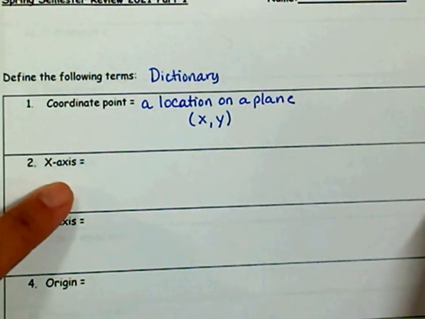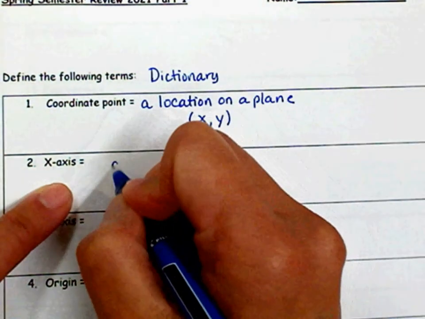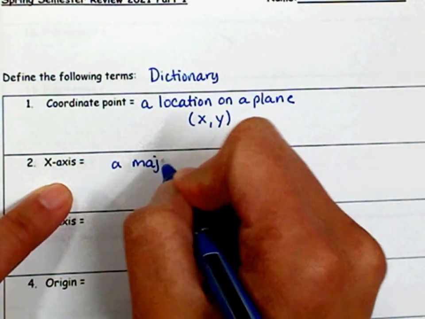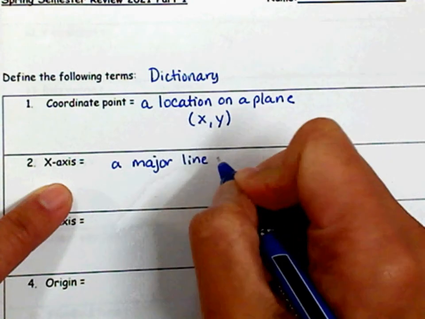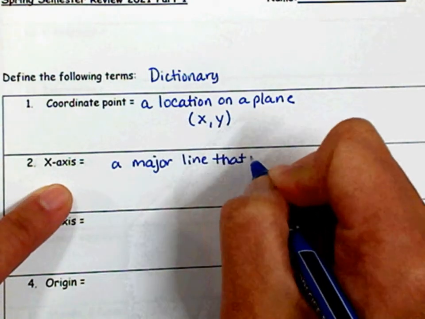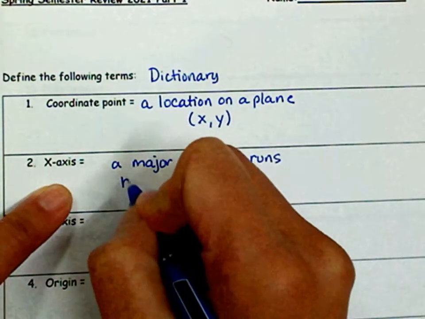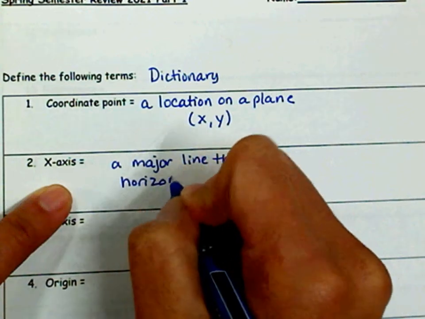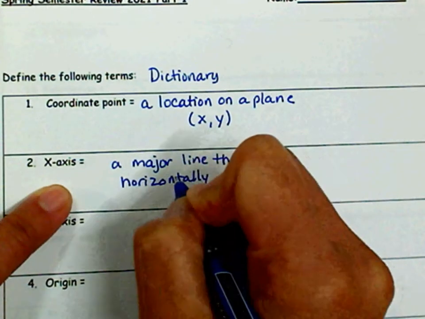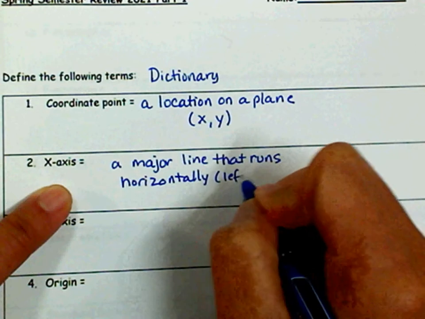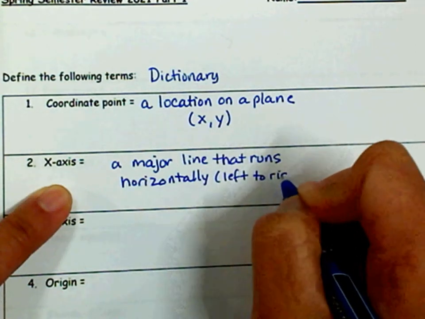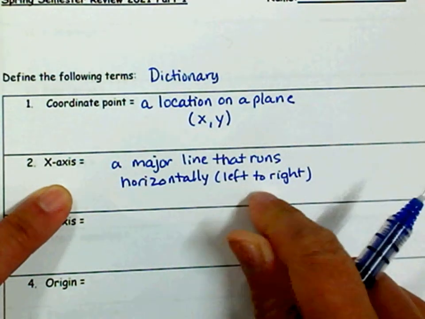Number 2, x-axis. It is a major line that runs horizontally. The word horizontally means you go from left to right. Izquierda, derecha.